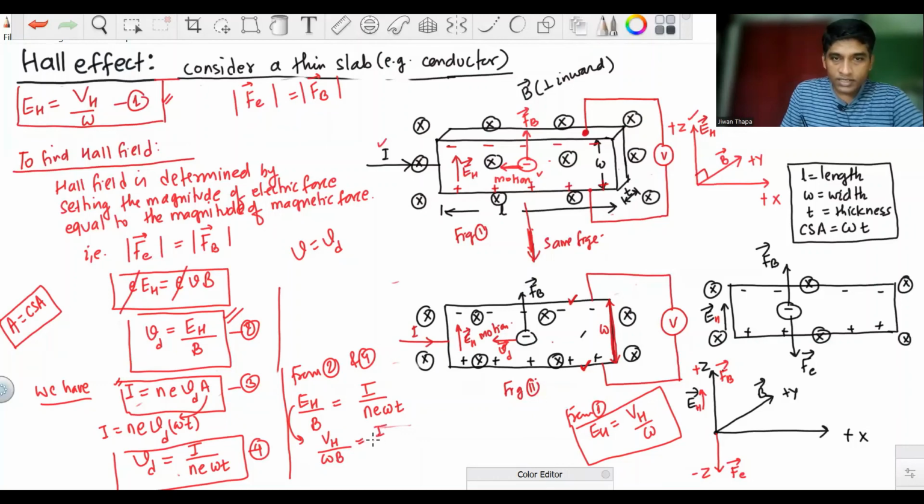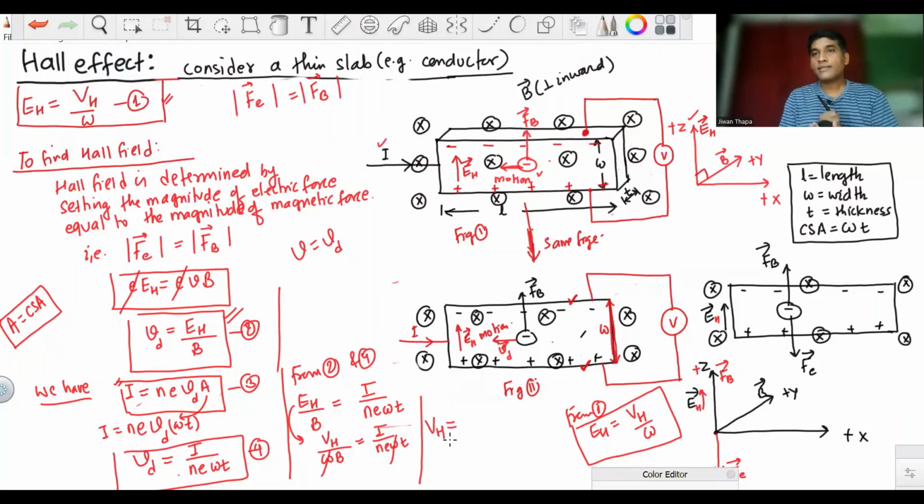Now this W and W cancels out. So what we get, Hall voltage equals magnetic field times current divided by N E T. So this is the expression for Hall voltage.